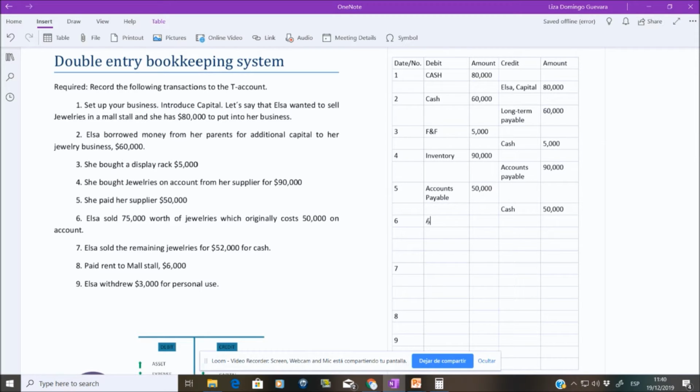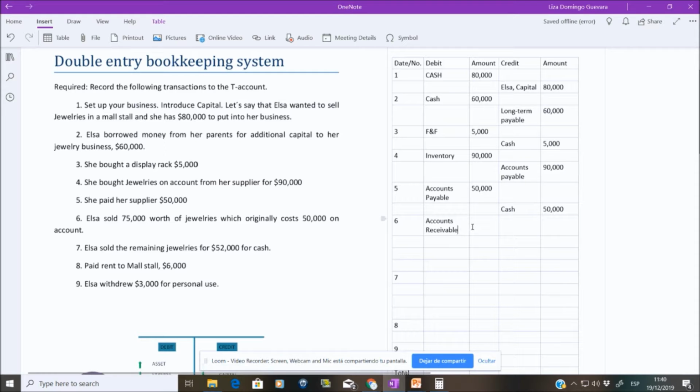So debit accounts receivable because it was sold on account of 75,000 and credit sales of 75,000.